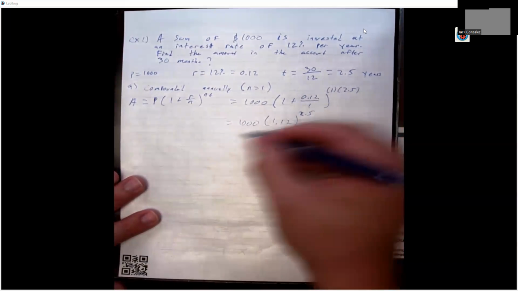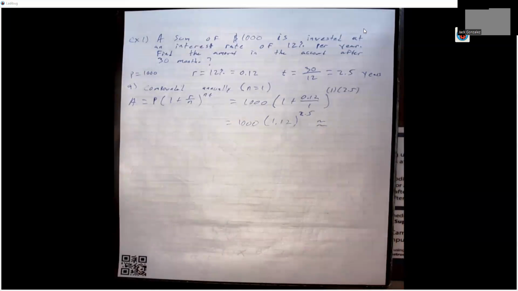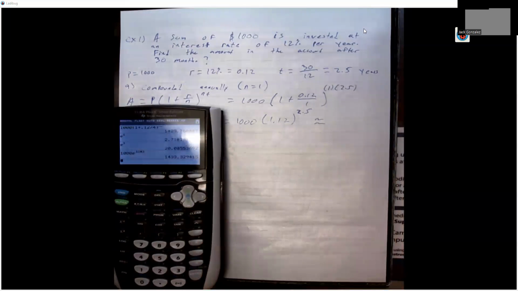So what is that approximately? $1,030. $1,030? $30.27. Okay. Sounds right.